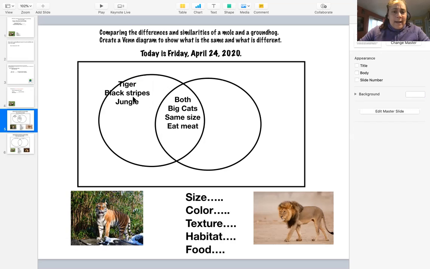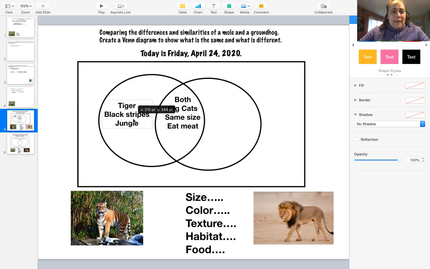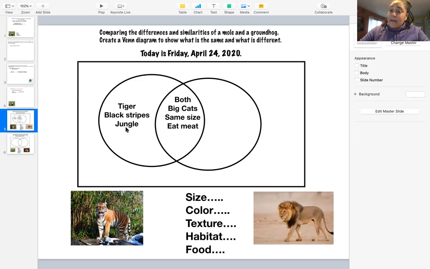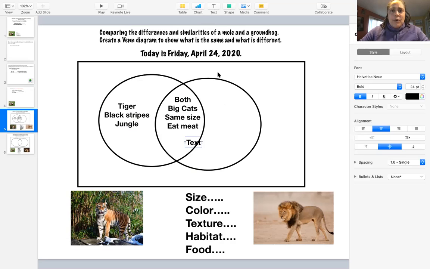So on this side of my circle, I have things that are only about the tiger. He has black stripes and he lives in a jungle. But on this side of my circle, I'm going to put things that are only about the lion. And I'm going to write lion. If we noticed that the tiger had black stripes, how can we describe the lion's fur?